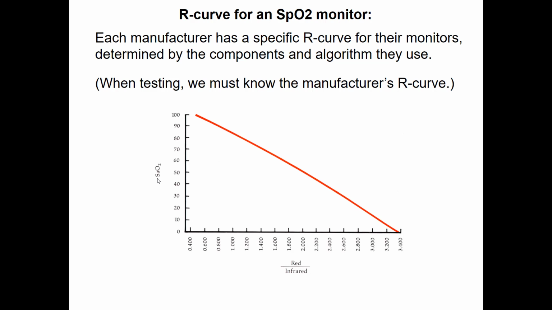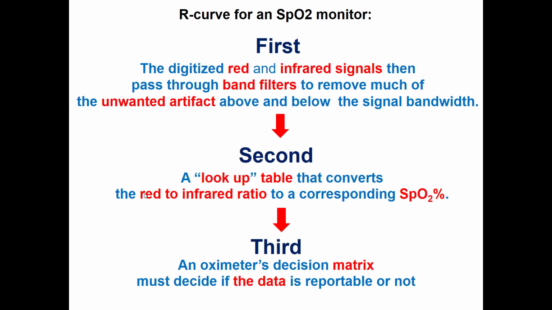To improve this, we use the R curve method. Later, we will talk more about carboxyhemoglobin and methemoglobin and their impact on the reading of oxygen saturation in our blood, in the RBC exactly.